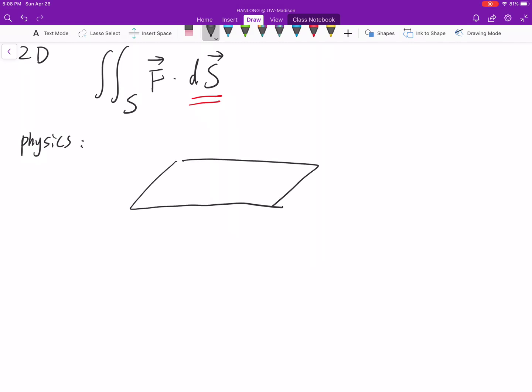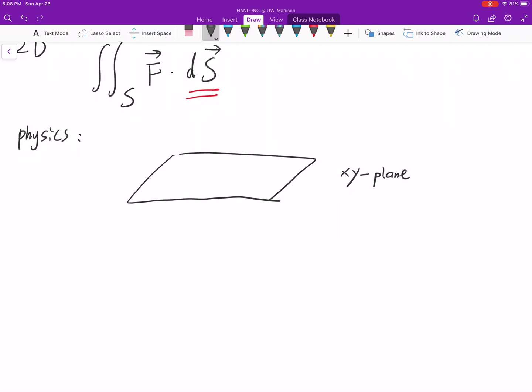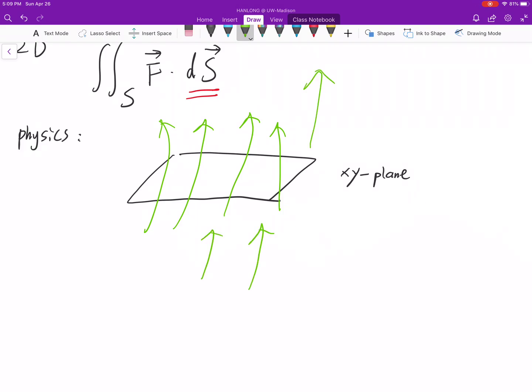Suppose you have a plane. By rotation, you can assume it's the xy plane. And in the whole space, as before, you do have vector fields. Of course, here we consider 3D.